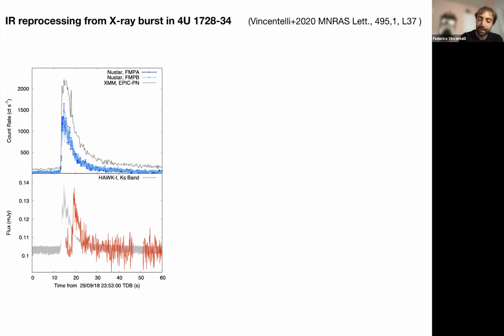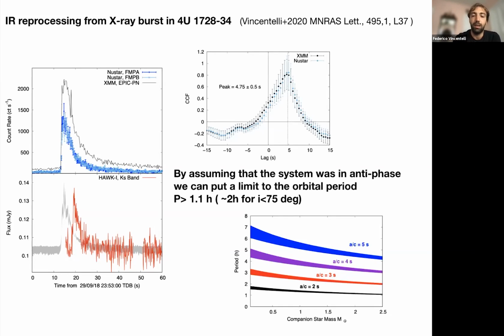This can be highly constraining for the orbital period, because if you assume that the source is in antiphase when this happened, then we can put a lower limit on the orbital period, and this has to be, in this case, higher than, let's say, a few hours for a reasonable inclination.